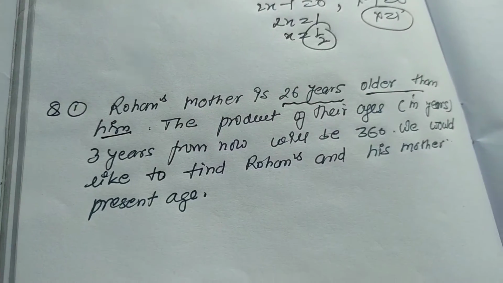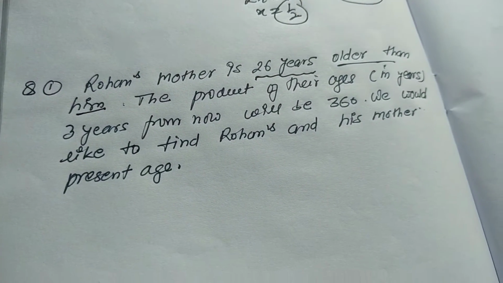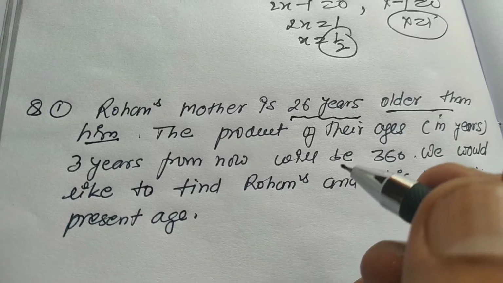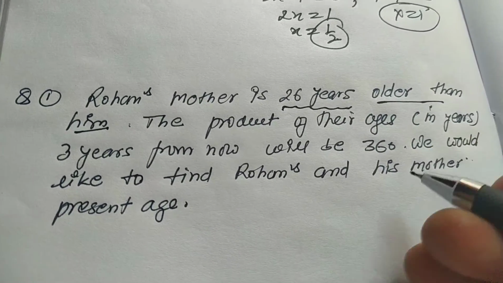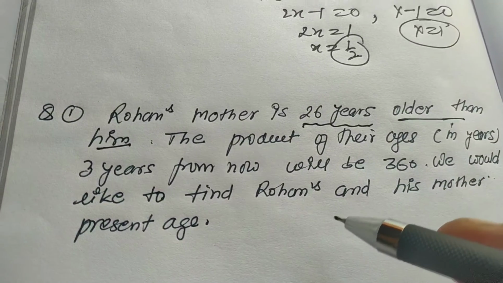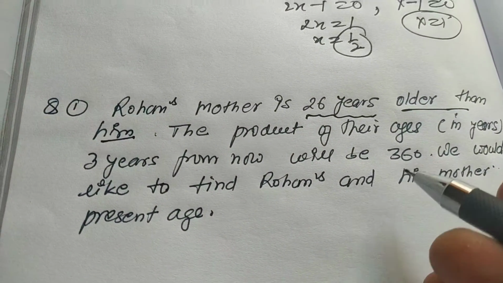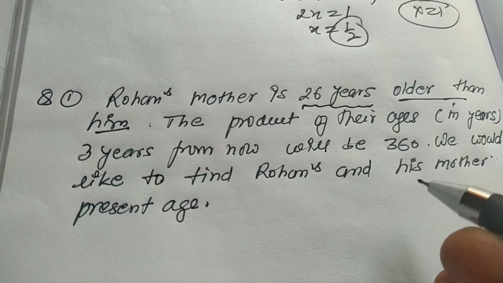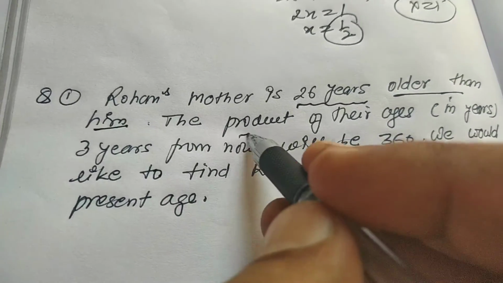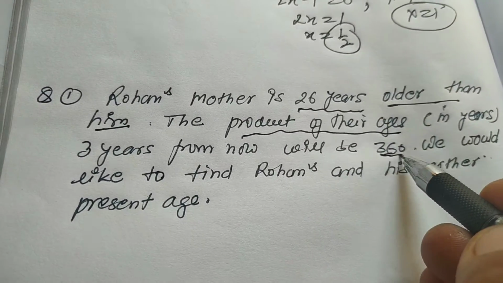That means if Rohan is 10 years or 20 years, then his mother's age is 26 plus 20, that is 46 years. That means 3 years from now, after 3 years, the product of their ages will be 360.